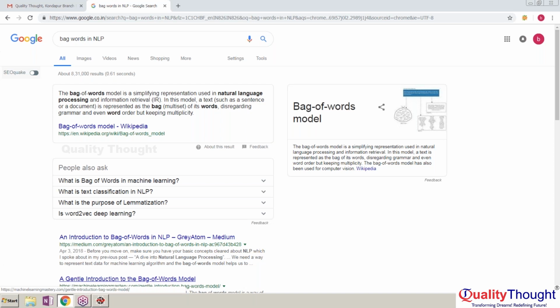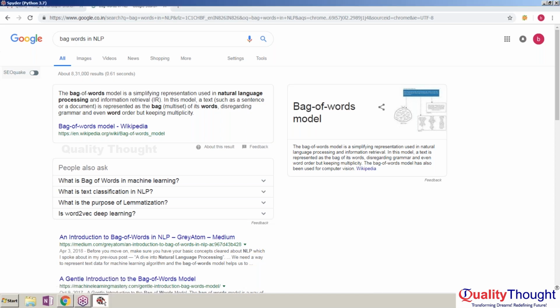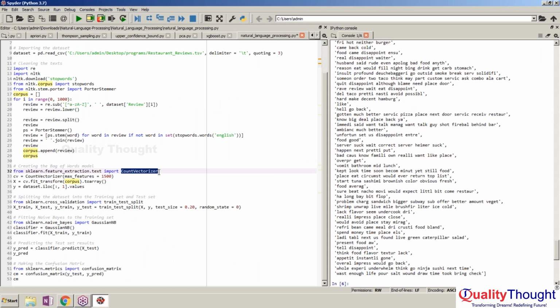So this is generally called a bag of words model. Here in Python we have something called CountVectorizer. CountVectorizer is the one we use in order to get the words from all the different statements.